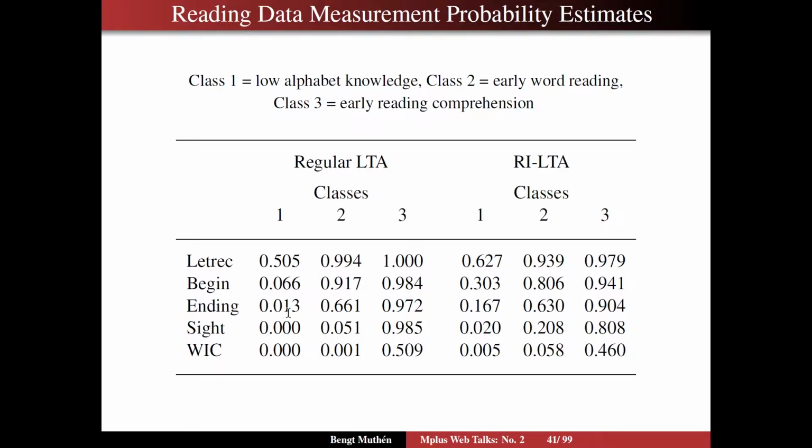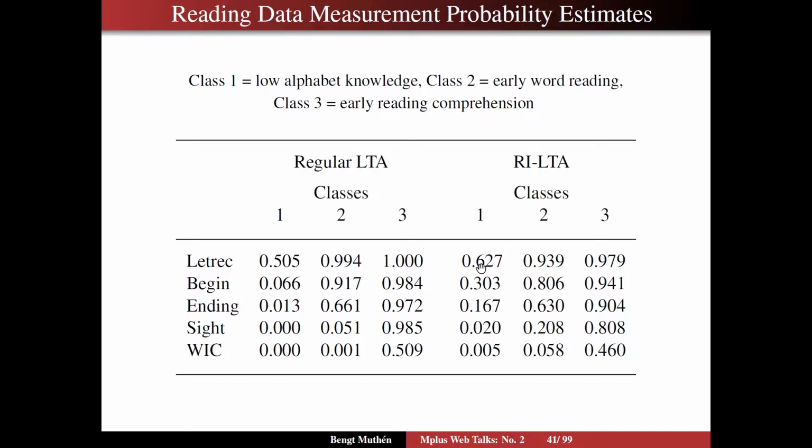We find that the beginning item is indicative of being in at least class 2. It's not a high probability in class 1. Similarly, ending is indicative of having reached class 2. And site is indicative of having reached class 3 proficiency.